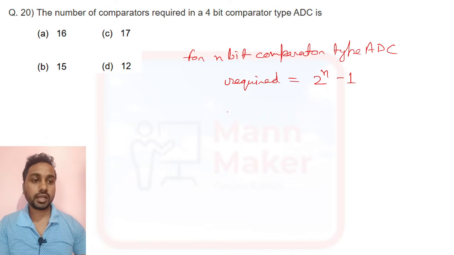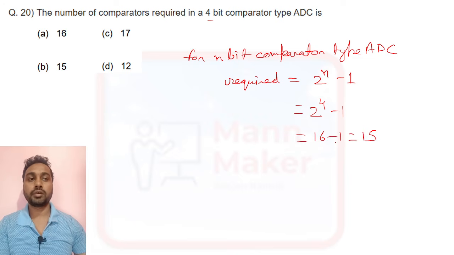Here n is 4, so 2 to the power 4 minus 1, that is 16 minus 1, or 15 comparators will be required for a 4-bit comparator type ADC. So option B is your right answer.